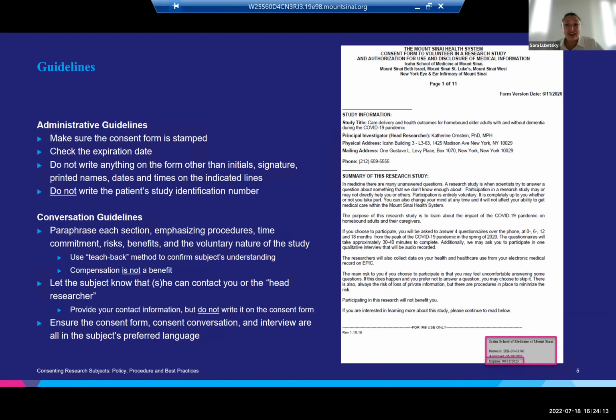You should definitely be giving your work contact details to the research subject, but remember not to write them on the consent form, because again, we are not putting anything in the margins or anywhere else on this form that is really a legal document.